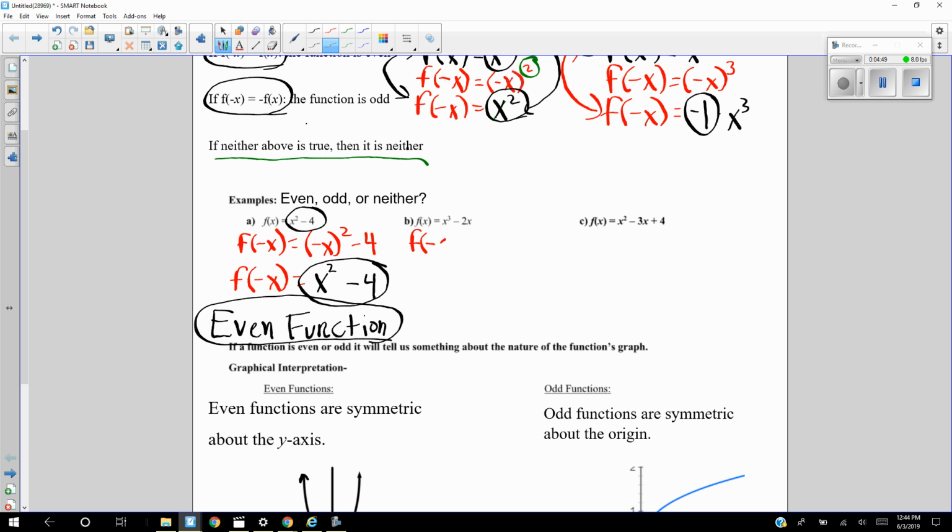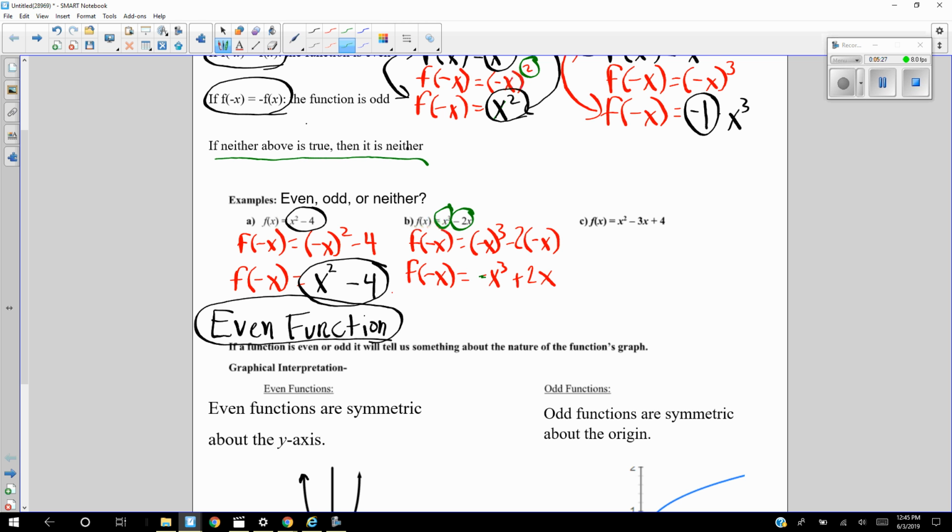Letter B, sub in negative x. This time we have two places where we can sub it in. And again, we're going to get a negative x cubed, and then a negative 2 times a negative x is a positive 2x. And you can see pretty quickly that both of these terms are opposite. So that originally was a positive x cubed, now we've got a negative x cubed.